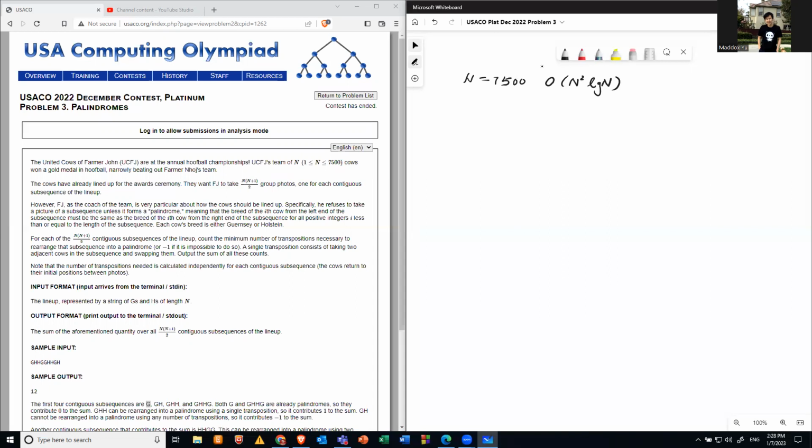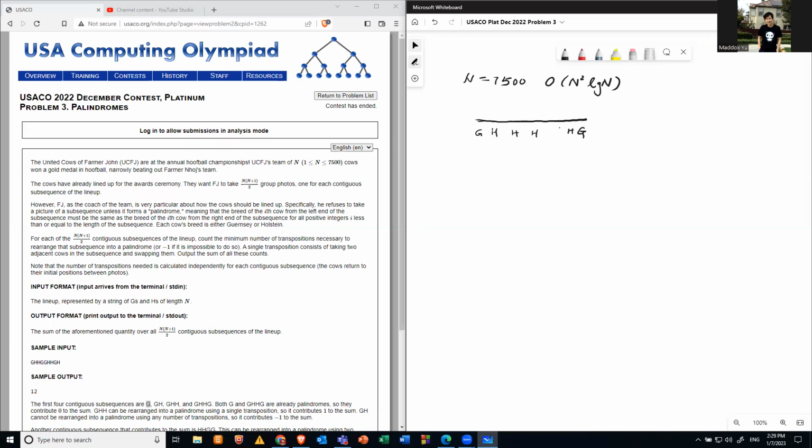So that's a worst case scenario. Think about it like this. If you have a subsequence, any subsequence, okay? So you have a bunch of G's and you have a bunch of H's, a bunch of H and a bunch of G. So let's say you have a bunch of H here, maybe a bunch of H here.